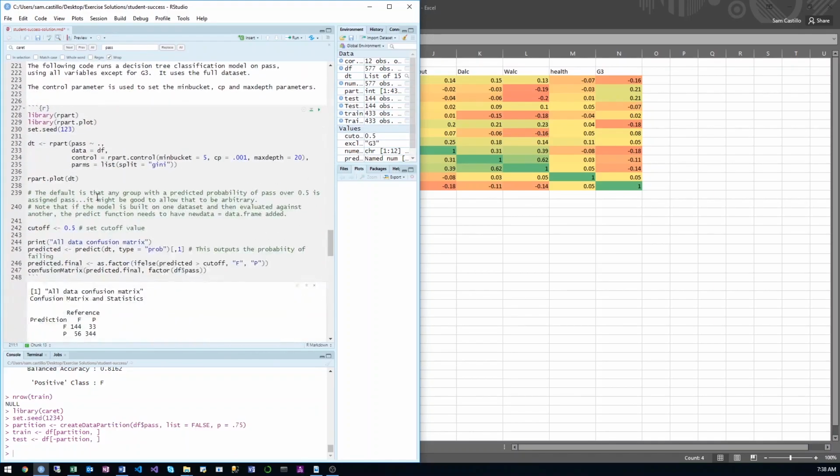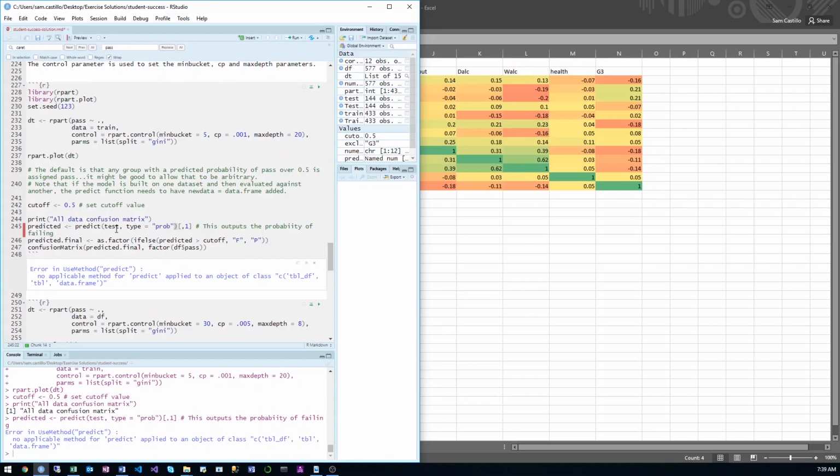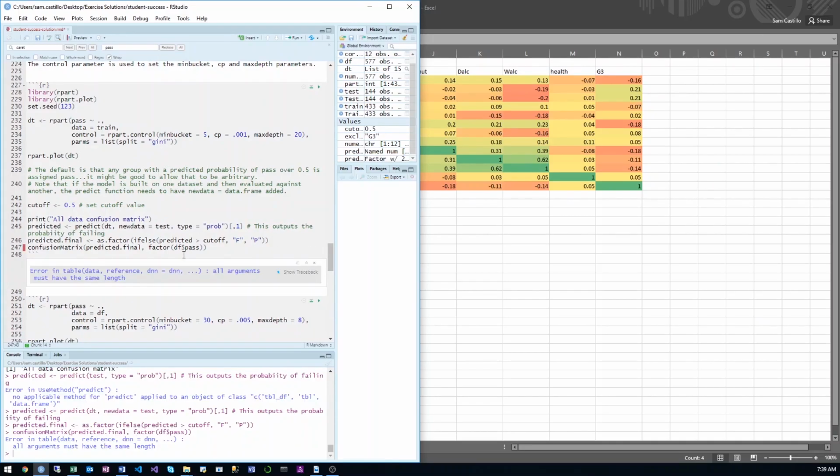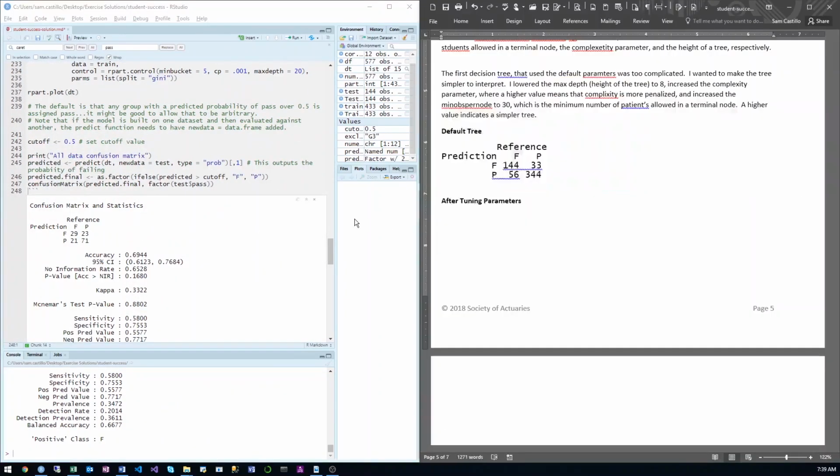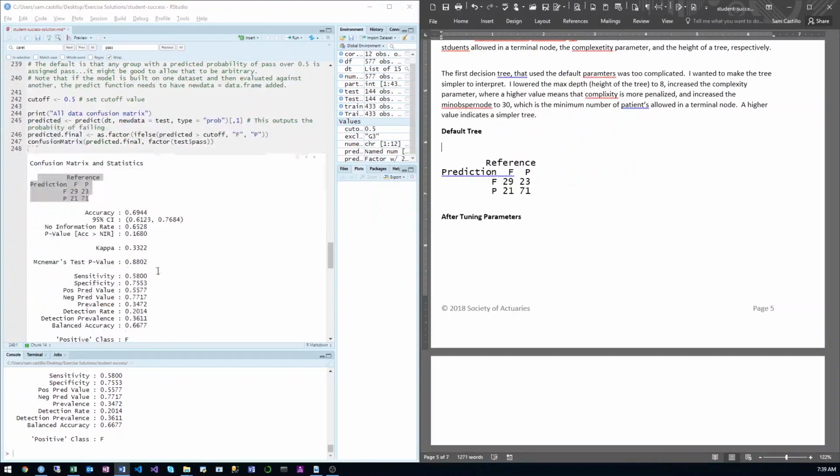Okay, so this should be train, and then predict should be on test, and I want to predict DT new data. This should be test. Okay, so let's go back and update this. Say our accuracy was 69%.